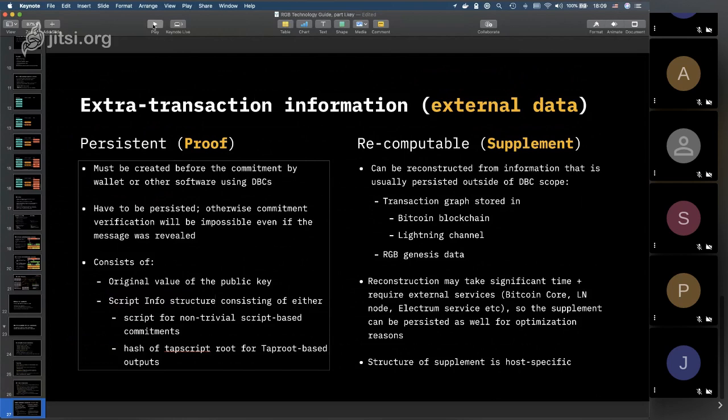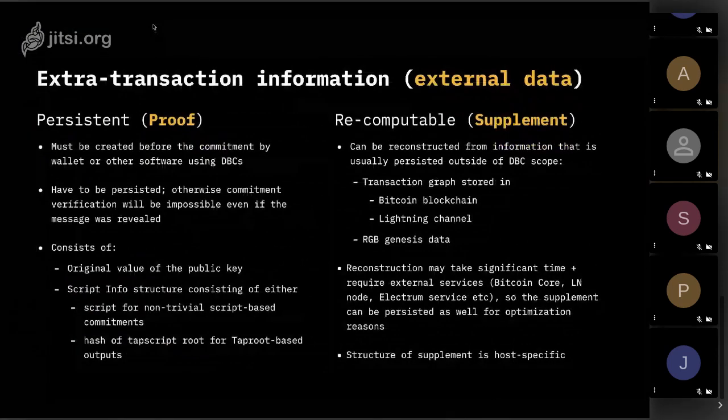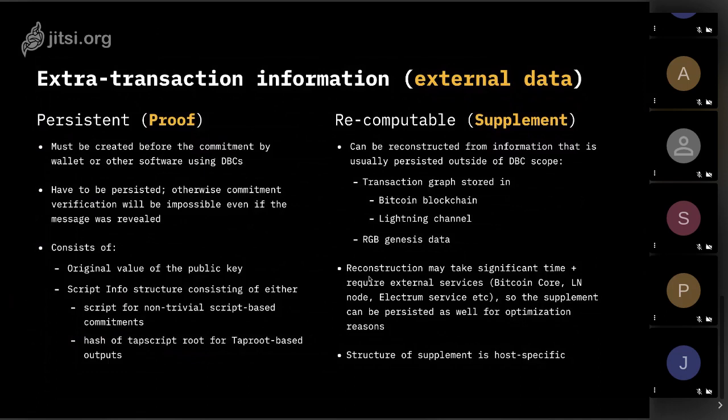Okay. And the recomputable part consists of transaction graph based information. It is the fee, basically, and RGB genesis data, because there are some protocol-specific tags and entropy defined for each issued asset to prevent other parties from guessing where the commitment can be residing.